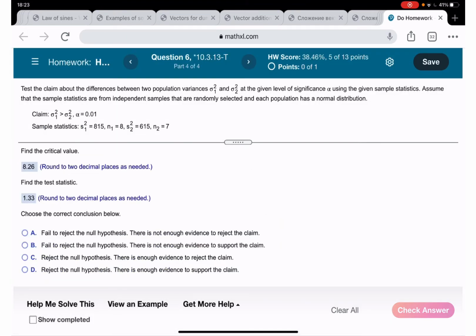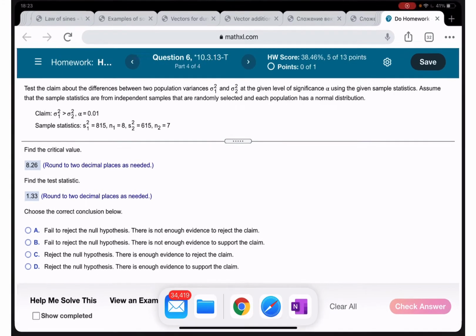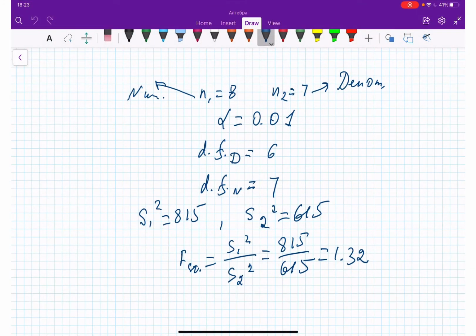Okay, and lastly we need to draw a decision, conclusion. So what do we have? Our critical value. We are going to use here the critical value, and for the F test statistic the critical value is 8.26.